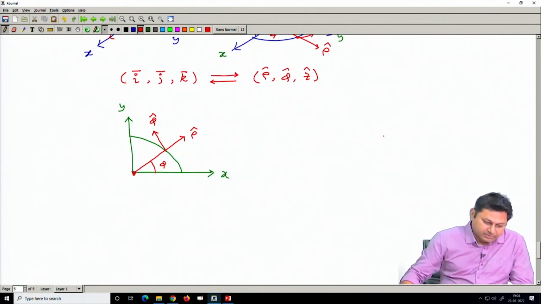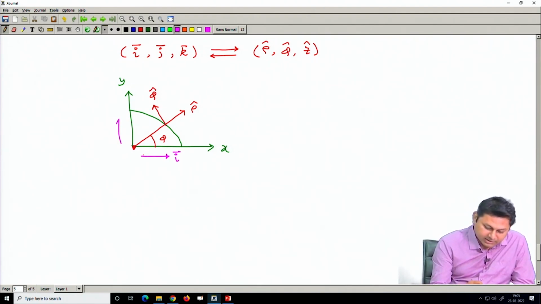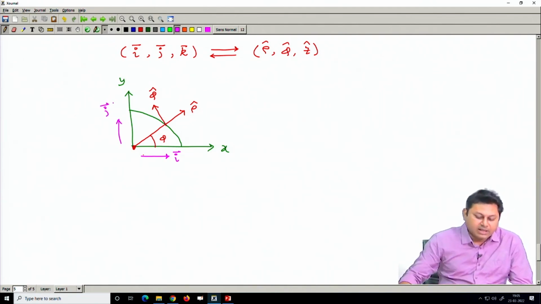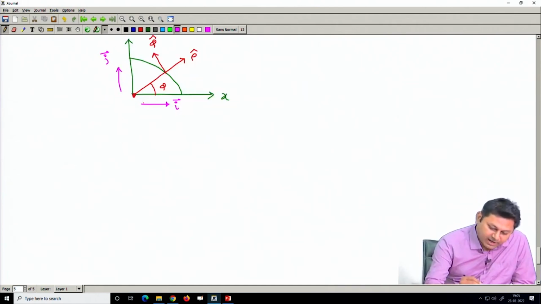Now, along this direction is my i, you should appreciate this fact, and along this direction is my j. So, I need to just decompose everything, and then I can write the vector i in terms of rho, phi and z. So, you can see that phi is here. So, I can replace this phi unit vector here to make it more convenient.